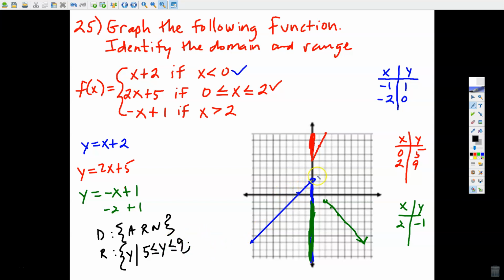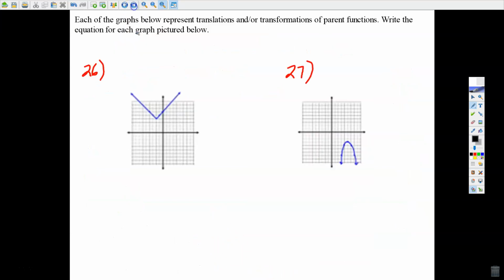Okay, and then the rest of it starts here at 2 and goes down forever. So I'm going to say y is less than 2, and it wouldn't be or equal to because it's an open circle. And that takes care of 25.